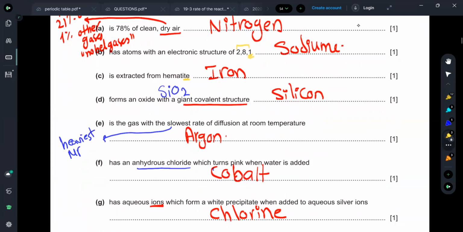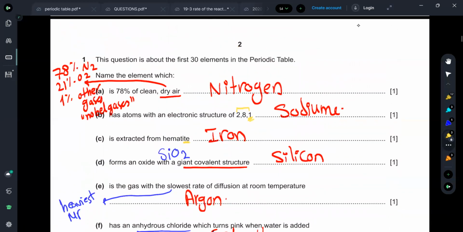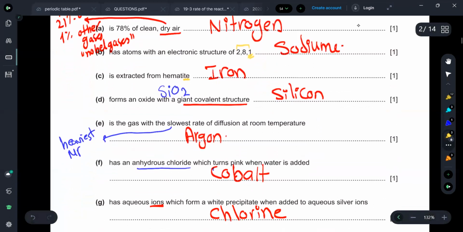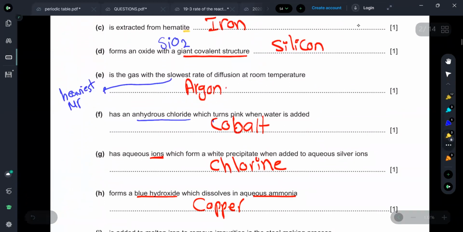Element E is a gas with the slowest rate of diffusion at room temperature. Slowest rate means heaviest Mr. Take care, first 30 elements only in the periodic table, so it is argon. Element F has an anhydrous chloride which turns pink when water is added.